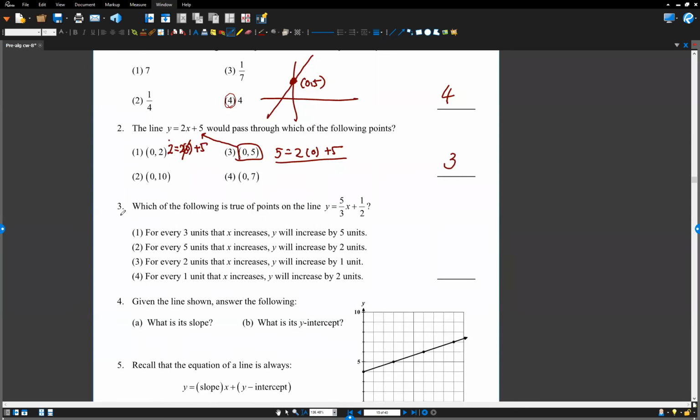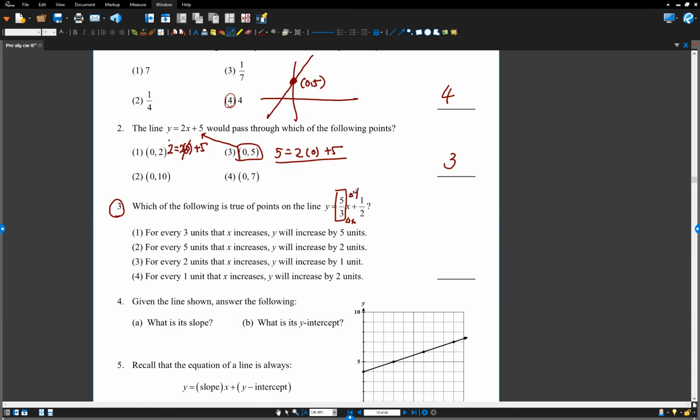All right, try number 3. Which of the following is true? They're talking about slope. What does that mean? Change in x is 3, change in y is 5.